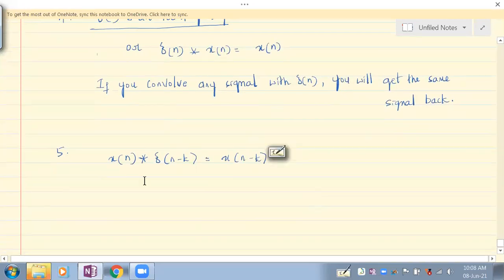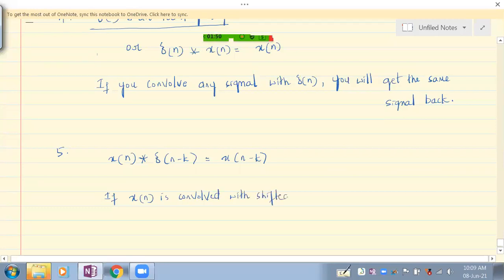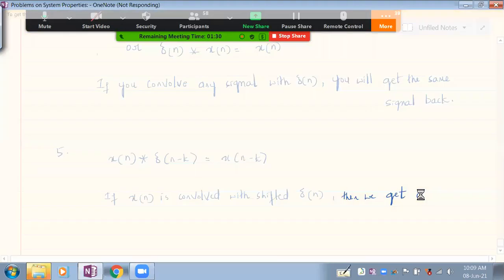That means if x of n is convolved with shifted delta of n, then we get shifted x of n.